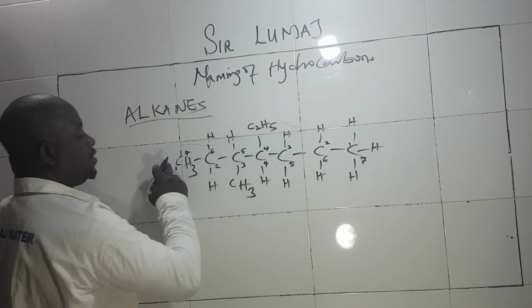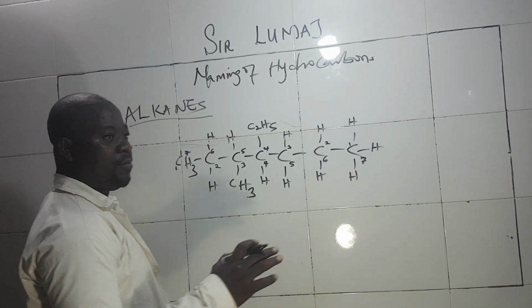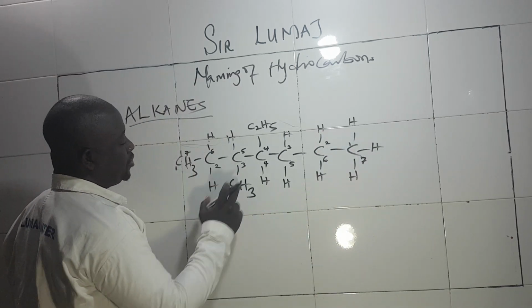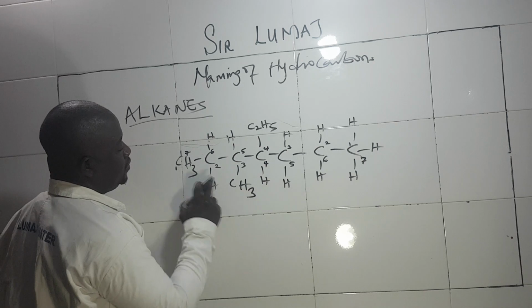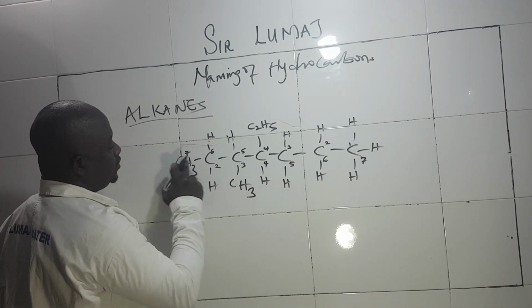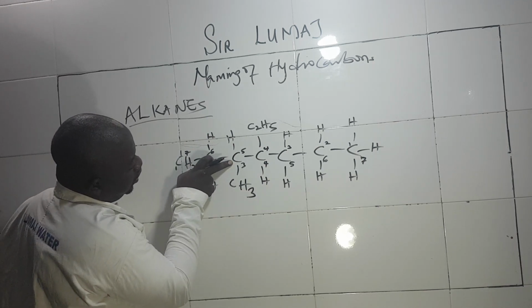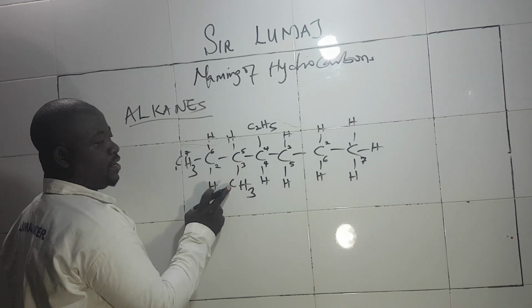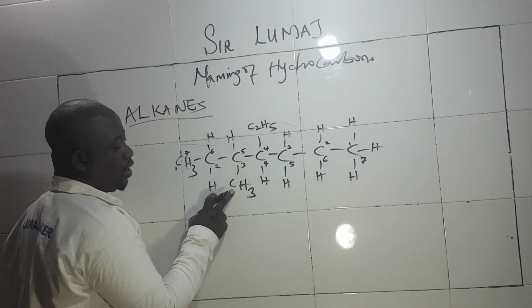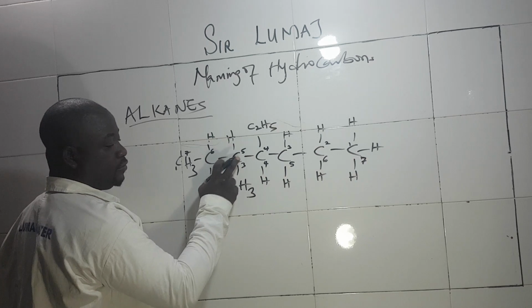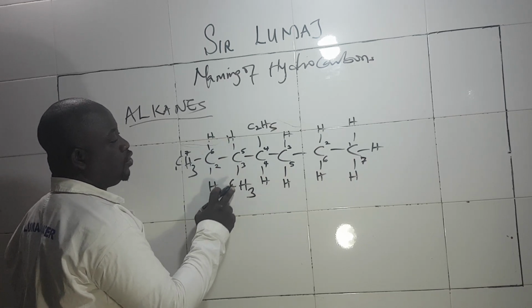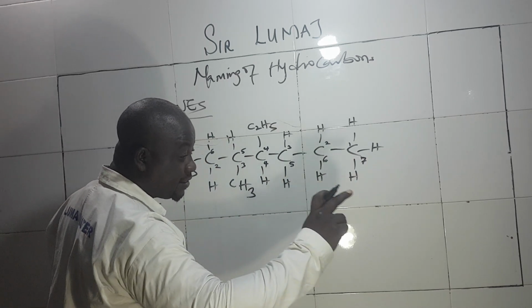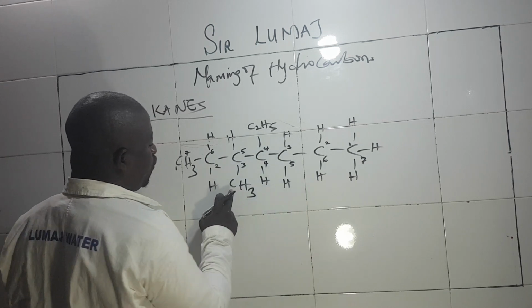So I have 7 as the number of carbon atoms. Then you look at the branch chain. Look at this first branch chain. If I count like this, 1, 2, 3, 4. You can see that 4 is lower than 7. And the rule says locate the longest carbon chain. So 4 is lower.